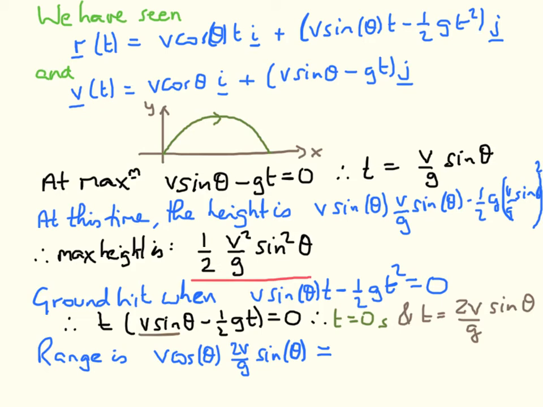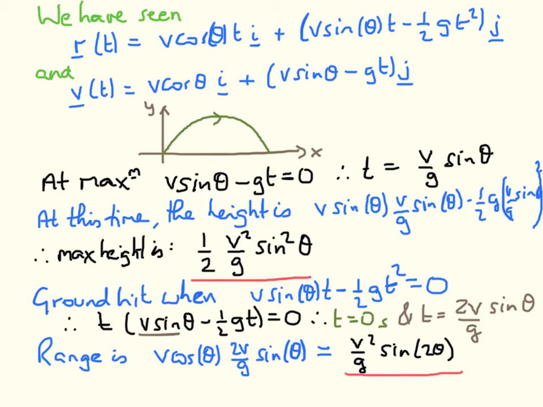So the sine of 2 theta is 2 sine theta times cos theta, so I can simplify this and not write it out in such gory detail by using the double angle formula. So this is equal to v squared over g times the sine of 2 theta. And that is our answer for the range.